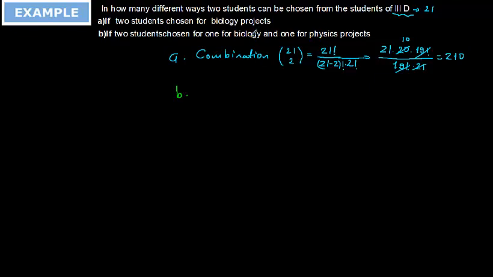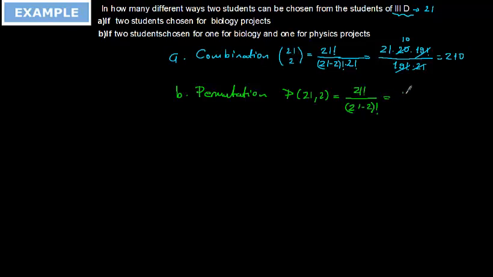That's why who is taking physics and who is taking biology is important. When it is important, we are using permutation, and in permutation we are selecting with this formula: from 21, 2, it is 21 factorial over 21 minus 2 factorial only. The extra part in the combination is that we are dividing by 2 factorial, which is the arrangement of the 2 students between them.